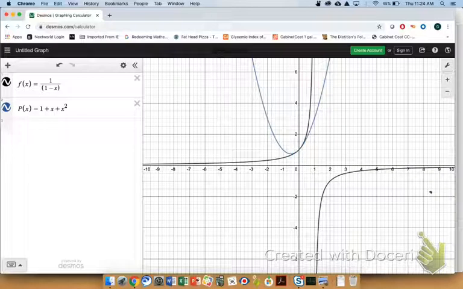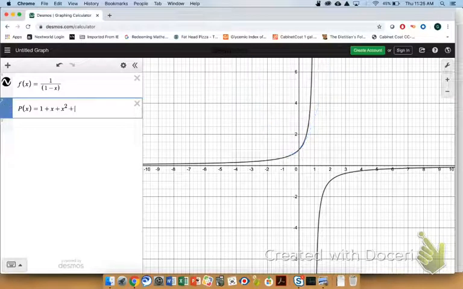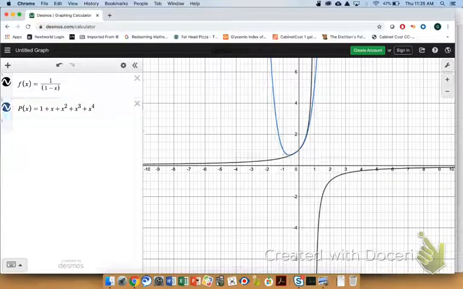And so we'll keep that zoom, and I want you guys to watch this interval of convergence as I slowly add terms. So think about what's happening here. The interval of convergence is getting a little bit bigger, right?